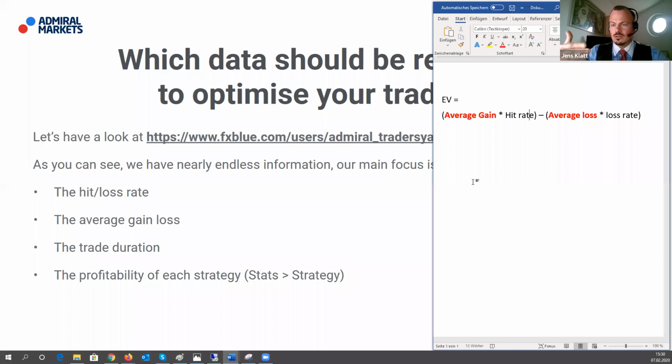The expected value grows larger, and that means you become more profitable with your trading.